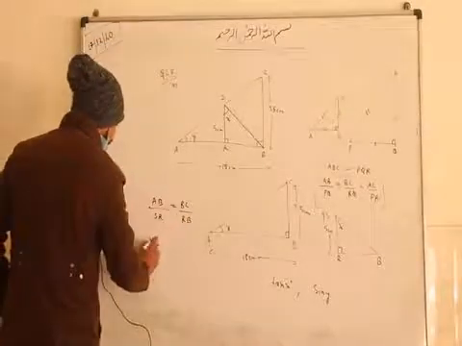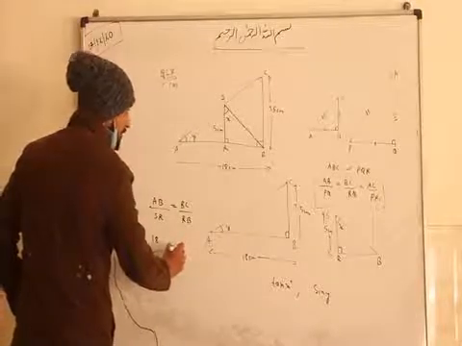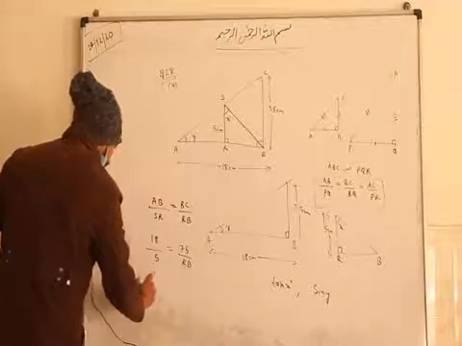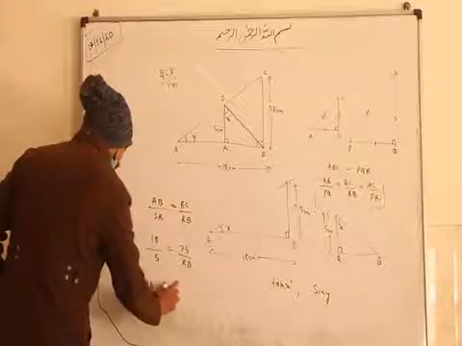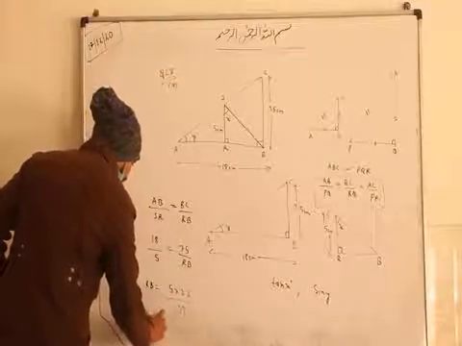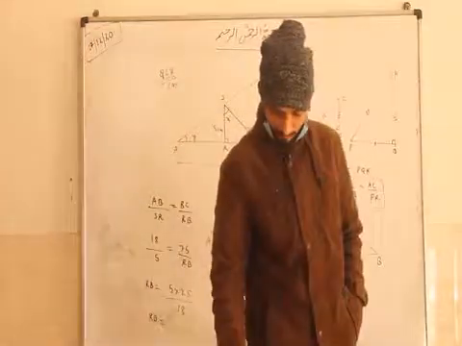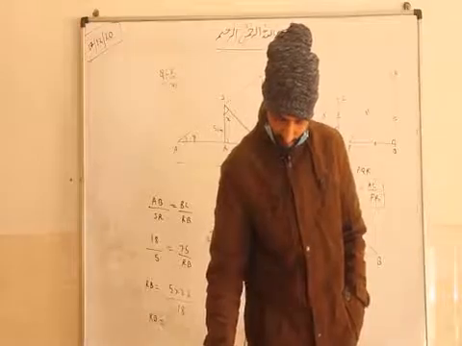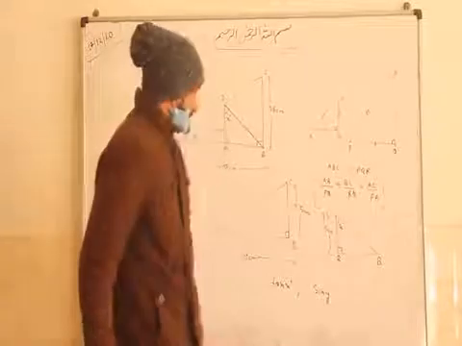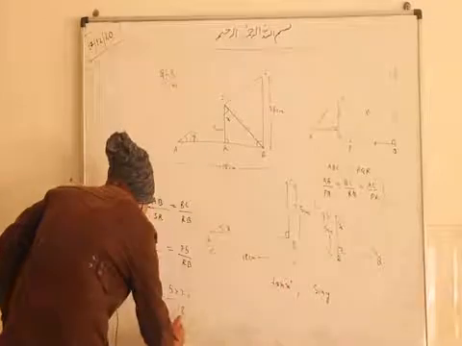Now put these values. AB is 18, SR is 5 and BC is 7.5. Now find RB. RB will be 5 into 7.5 by 18. Solve this and you will find RB. So what is RB coming? 6 is coming, right?